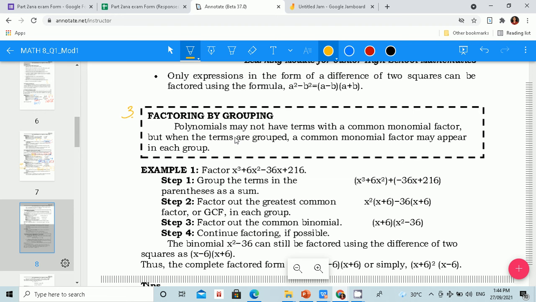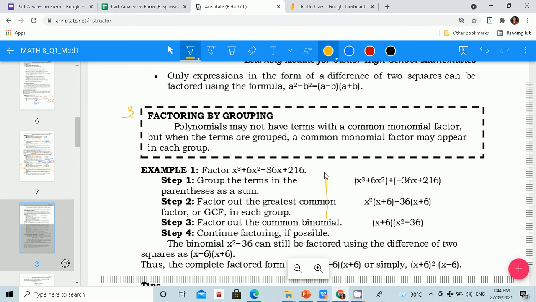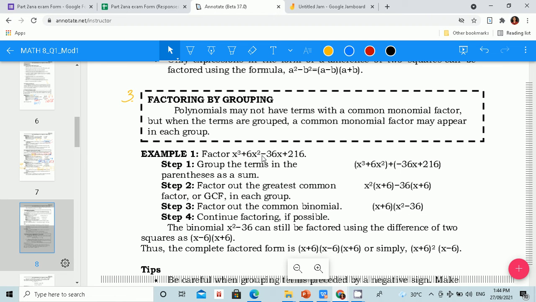Polynomials may not have terms with a common monomial factor, but when the terms are grouped, a common monomial factor may appear. Example: factor x cubed plus 6x squared minus 36x plus 216.